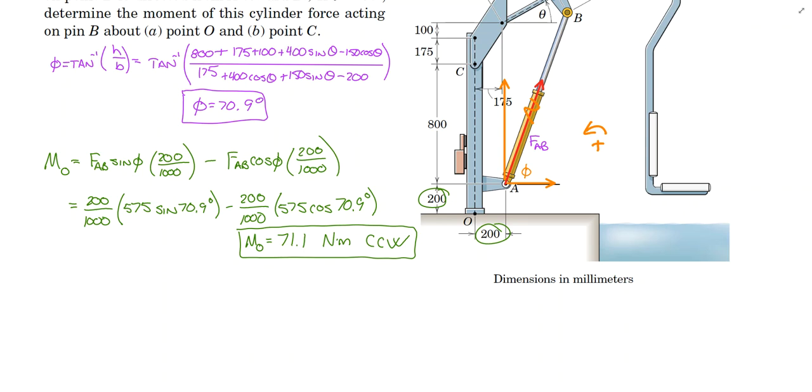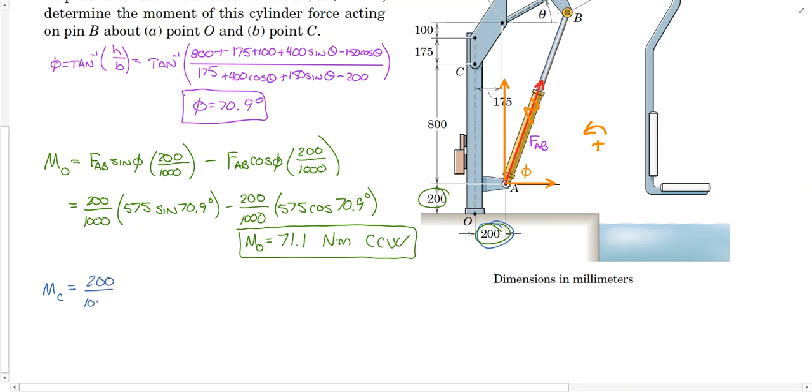And now we can do the moment around point C. We'll keep the same convention. The vertical component of the force is also going to produce a counterclockwise moment around C, and it has the same moment arm. So we have another 200 divided by 1,000 times FAB sine of the angle. This time the horizontal component of the force will produce a counterclockwise moment around point C. This time it has an 800 millimeter moment arm.